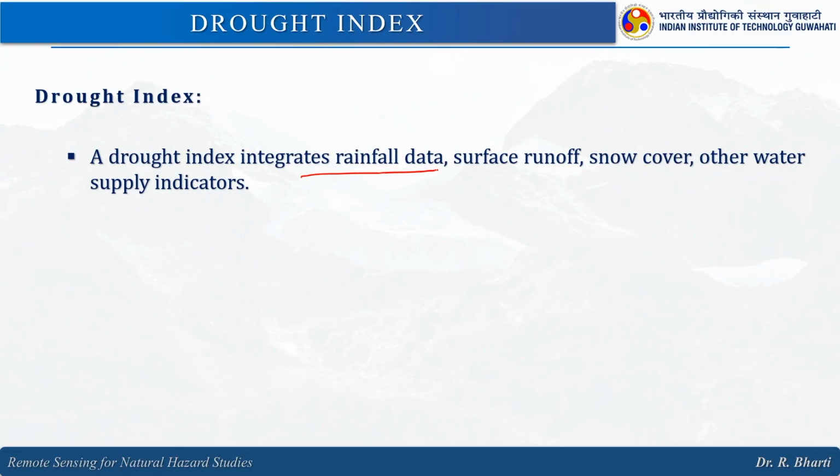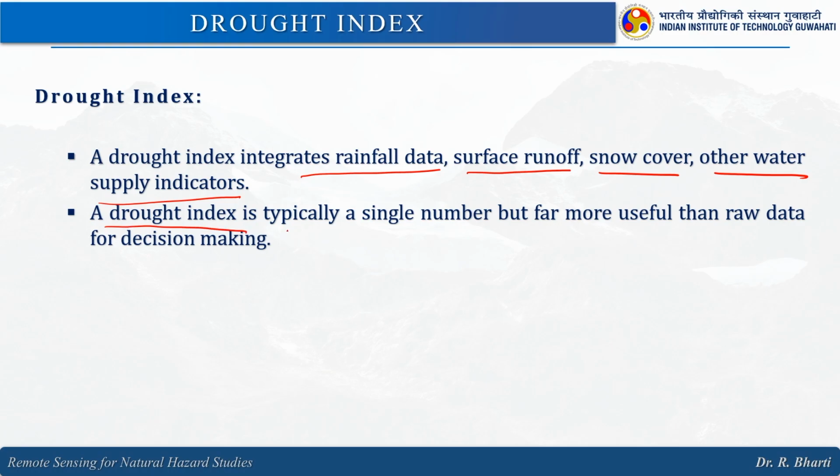As we discussed, a drought index integrates rainfall data, surface runoff, snow cover and other water supply indicators that are input to the area. A drought index is typically a single number, but far more useful than the raw data for decision making, because once you get the number, let us say it is 0 to 1, 1 is the severe impact or severe condition of the drought, and maybe 0.5 is moderate and 0 is the normal condition.